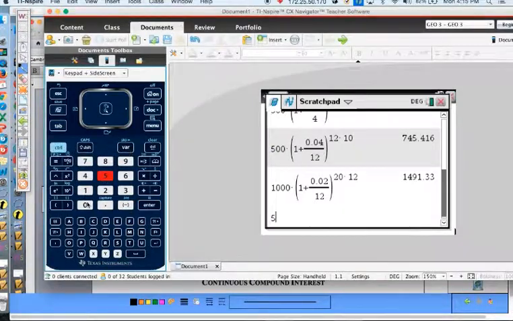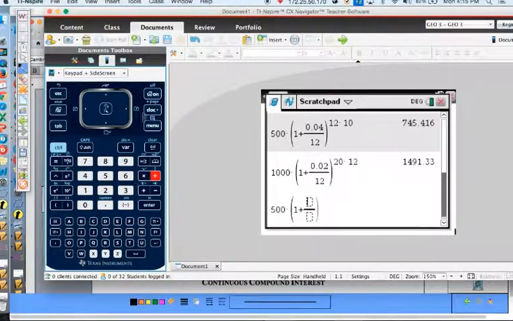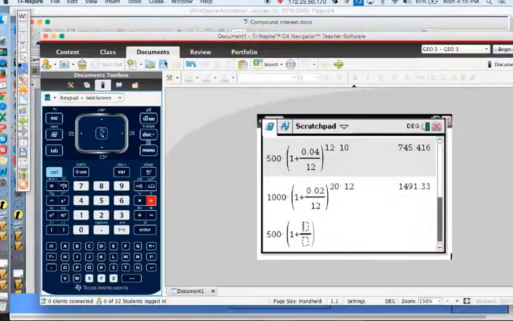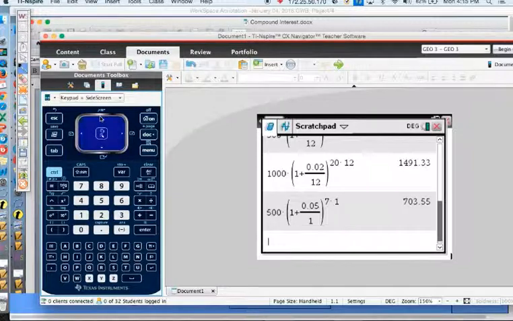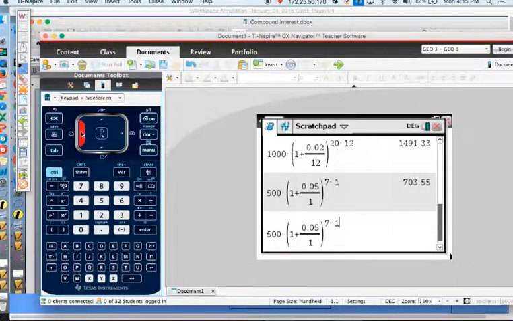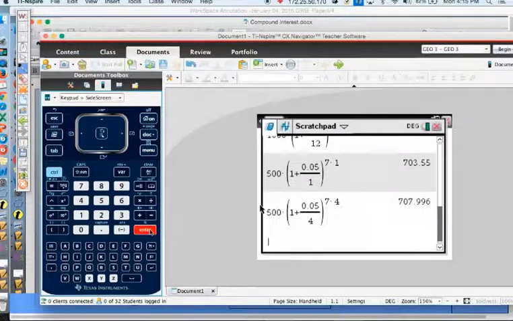So let's see here, 500 times 1 plus, I keep forgetting 5%, so 0.05 divided by 1 to the power of 7 times 1. So there's annually. Go back here, we said quarterly, so this needs to be a 4. Go back here, and that needs to be a 4.